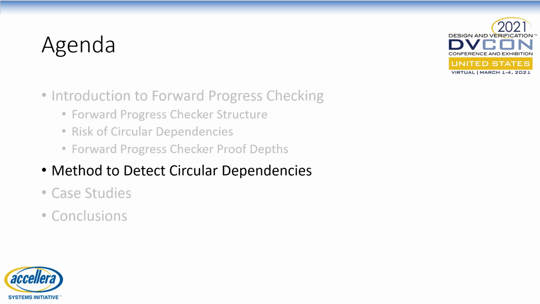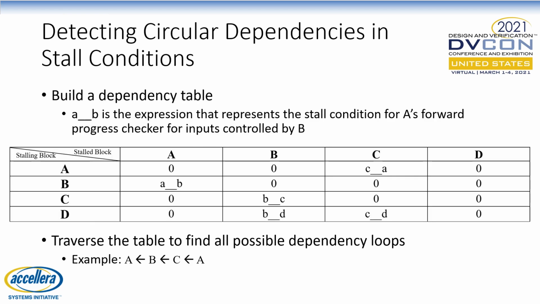Now let's look at the method to detect circular dependencies. Once we have coded the forward progress checkers for all blocks, say A, B, C and D in a system, we can construct a dependency table which captures the dependencies between blocks.